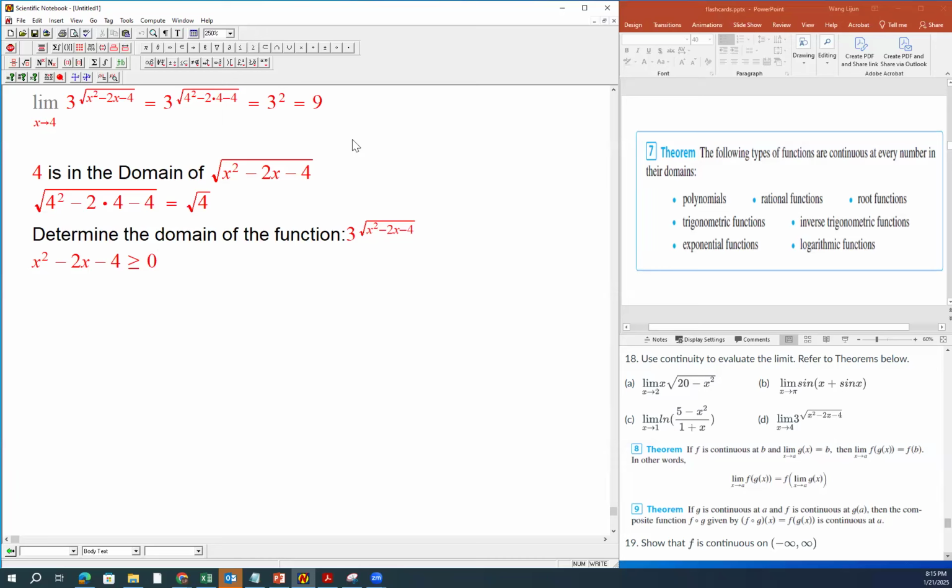But in this situation, it's a little bit hard to factor. So what are we going to do? I'm going to use b squared minus 4ac, that discriminant.